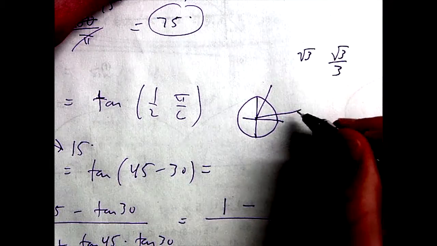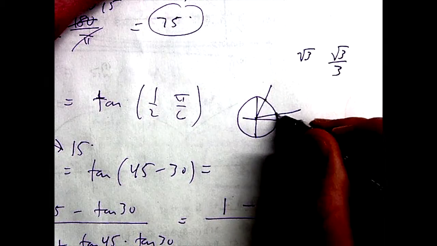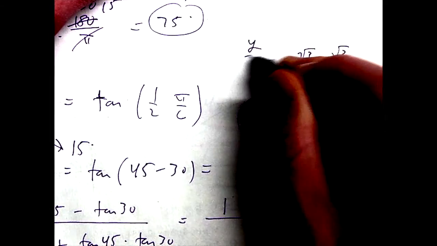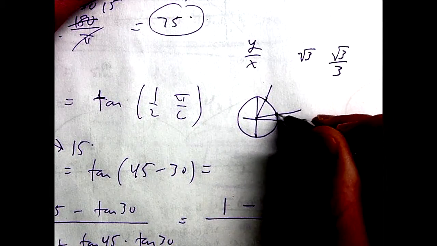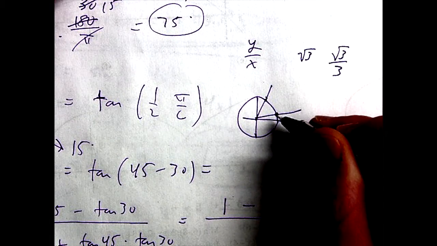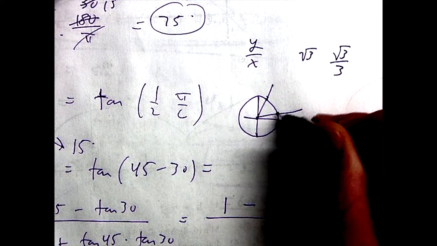But thinking about whether the tangent would be bigger or smaller at 30 or 60, remember that tangent is defined to be y over x. At this coordinate right here, the y-coordinate is small and the x-coordinate is big. That means that y over x, the ratio, which is what tangent is, will be small here.